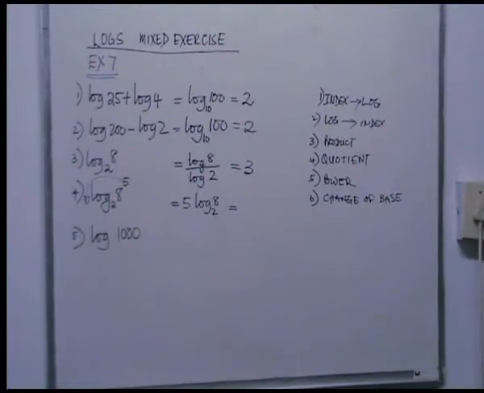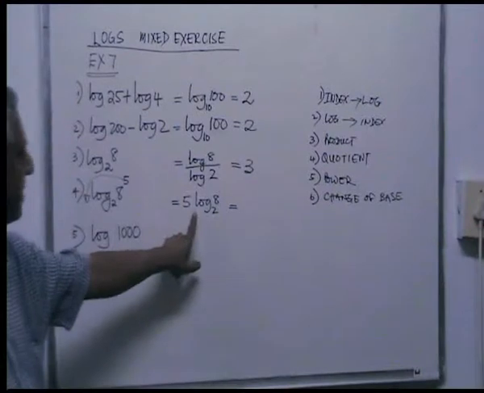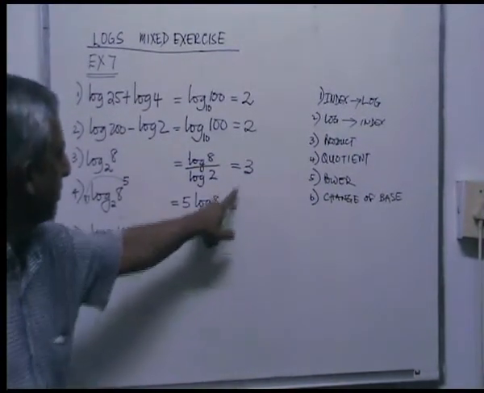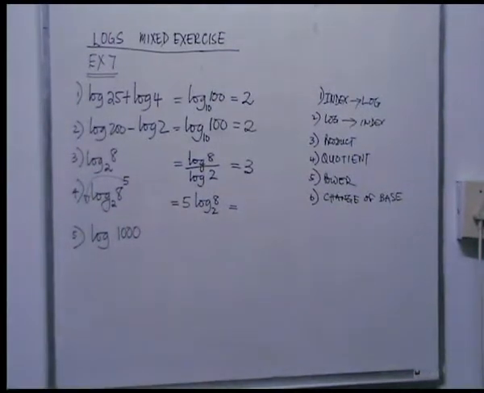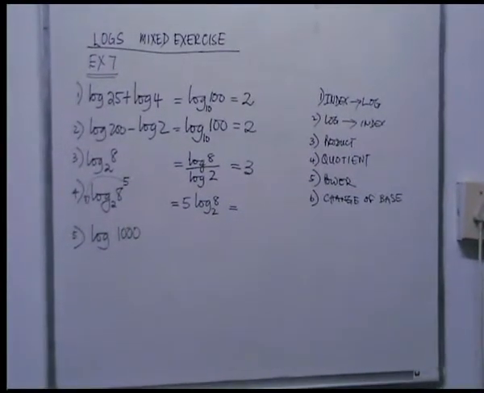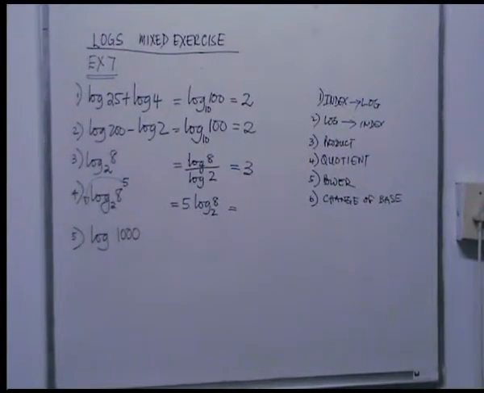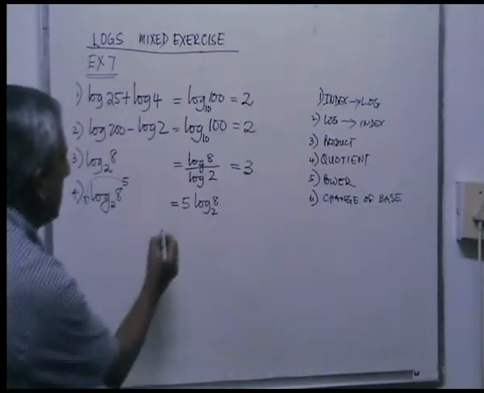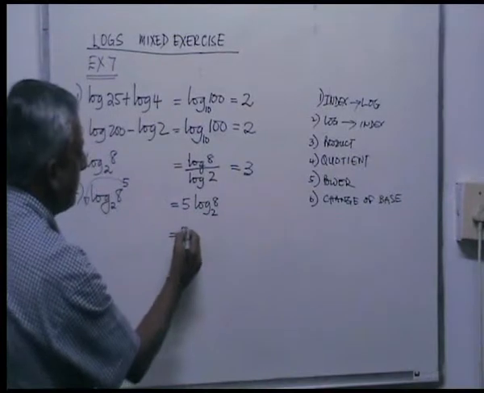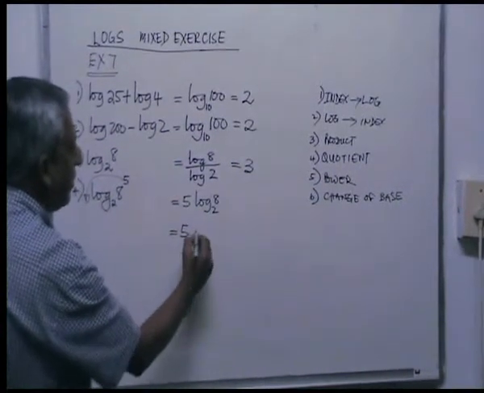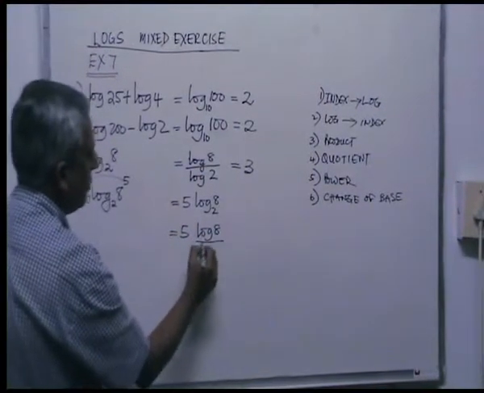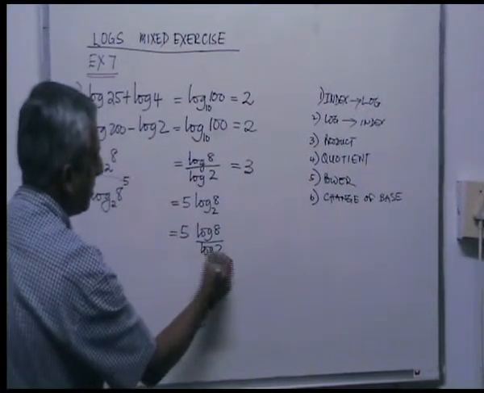So if you're smart enough, you'll know that you already found this answer here. Log 8 to the base 2, you already found the answer for this, which is 3. But suppose you don't know that, and suppose you're not so smart. Then what you'll do? You'll just do the work step by step, and then you'll say, right, there's the 5, and that part there, you'll change the base. You'll say log 8 all over log 2.